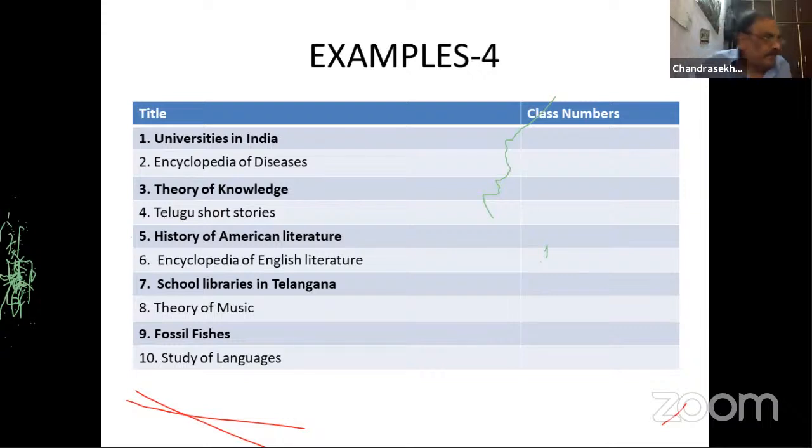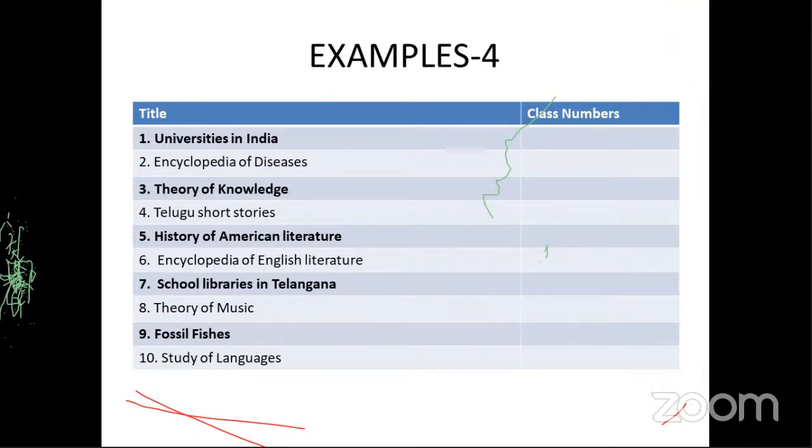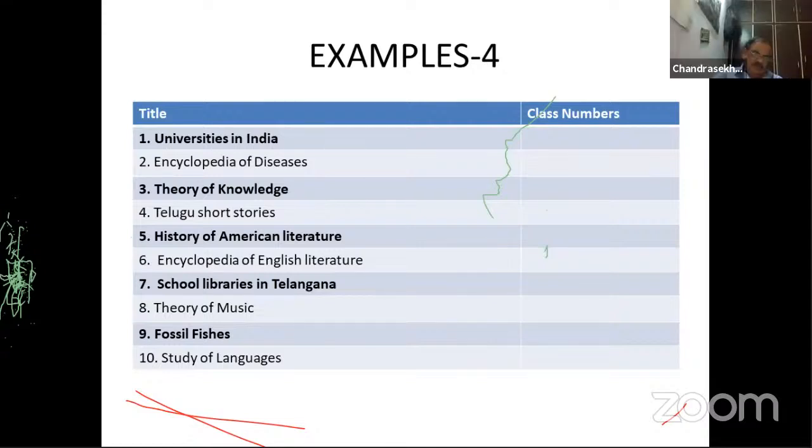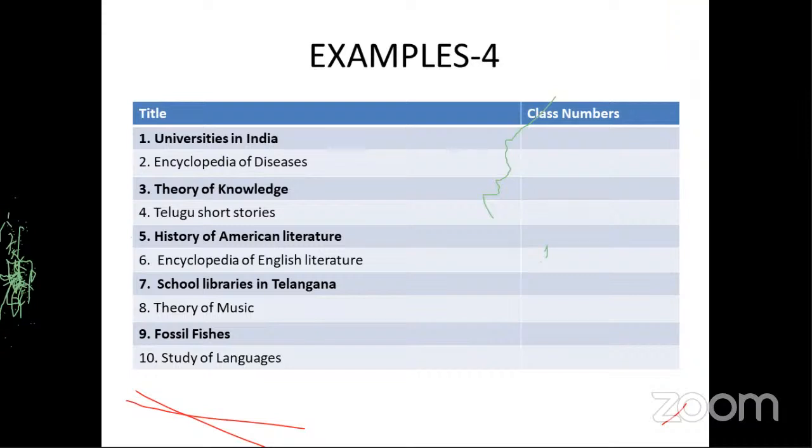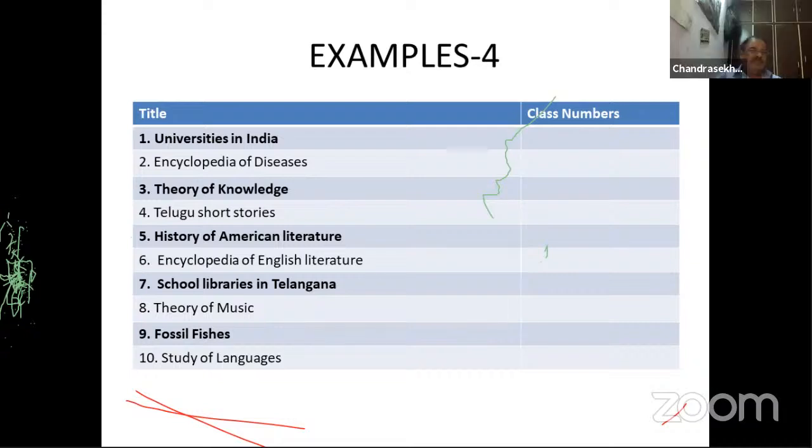So theory of knowledge, you see under 100 philosophy. 101 philosophy, theory of philosophy.